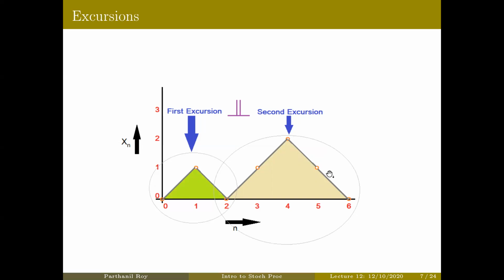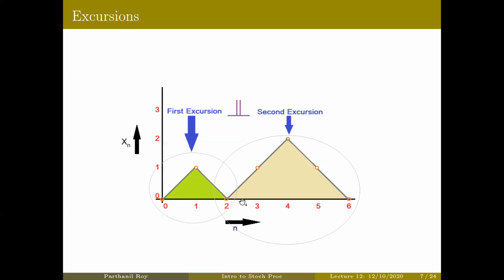Of course, this is just the intuition, it's not formal. The major problem is that where it comes back is random. You don't know exactly when it comes back. It may so happen that the first excursion would look like the second one, going up to 2 and then coming back. Or it could have stayed between 1 and 2 for some time and come back. There are various things that could have happened. So the prime problem is where the first excursion will come back.